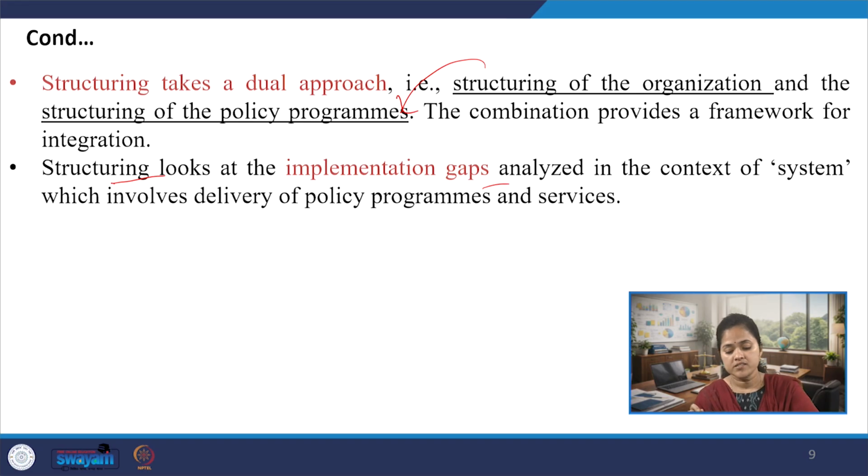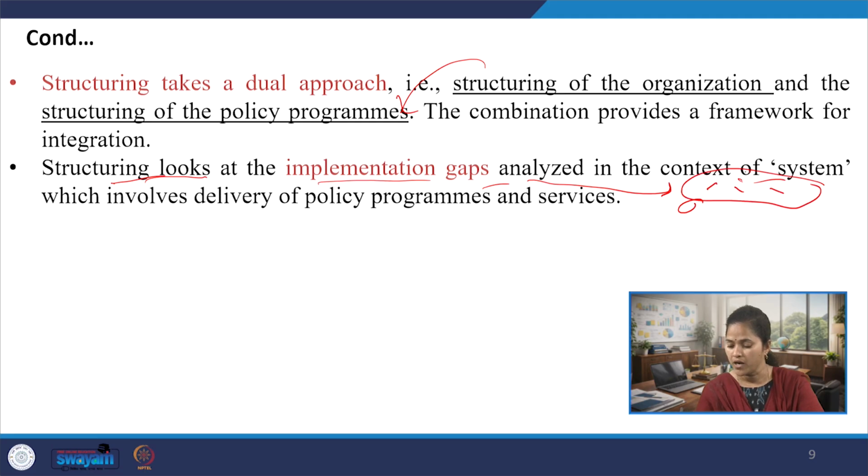Since we are discussing the entire system, the entire system can be taken into account through these structuring approaches. For the entire system we can find out what the gaps are, which can be identified through feedback. We can rethink how the gaps can be minimized at any subsystem, which are part of the system, so that policy delivery or program delivery can happen smoothly.